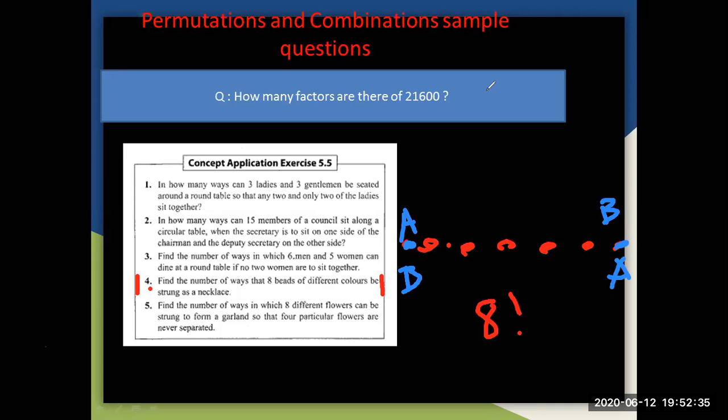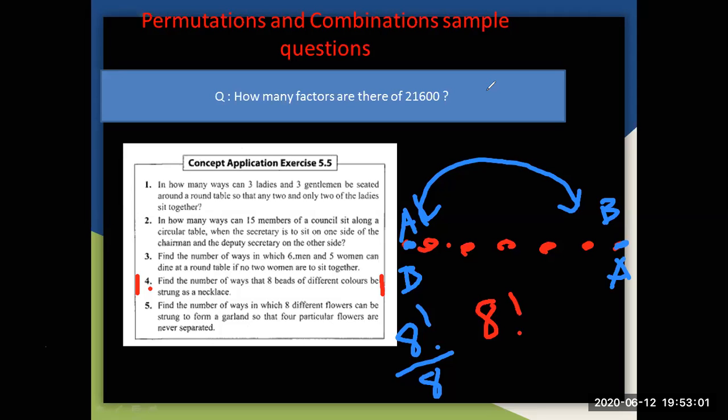These two situations end up being the same when we wrap it around a circle, and there are a total of 8 situations like this. So it goes 8 factorial divided by 8, and then there's another consideration.